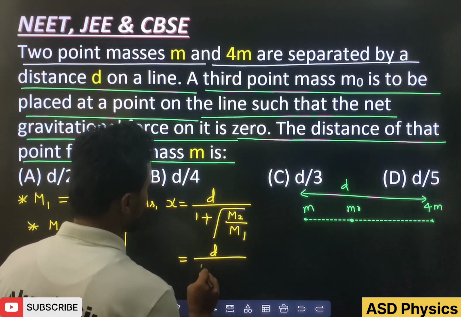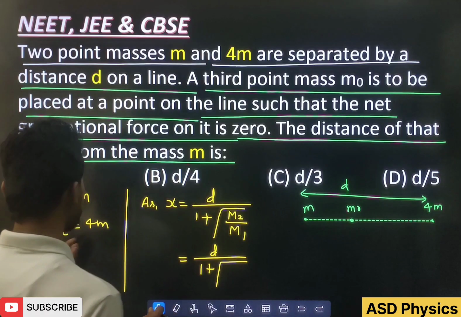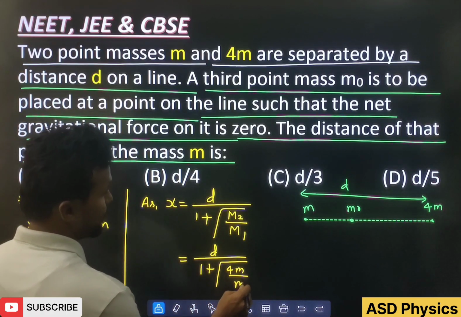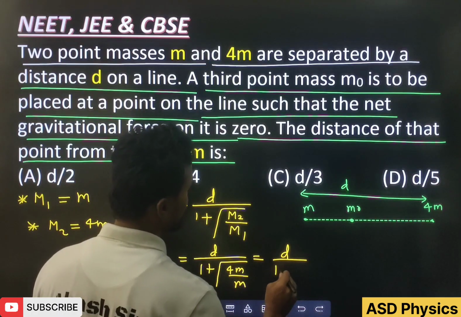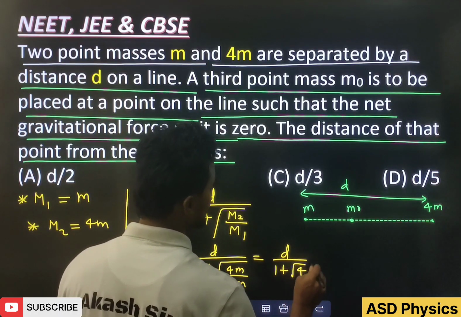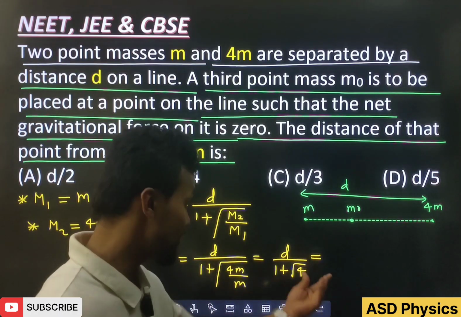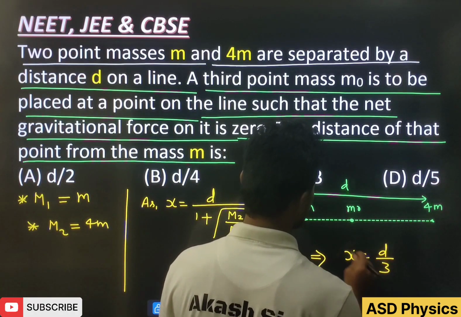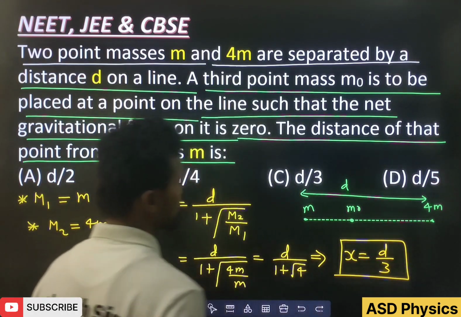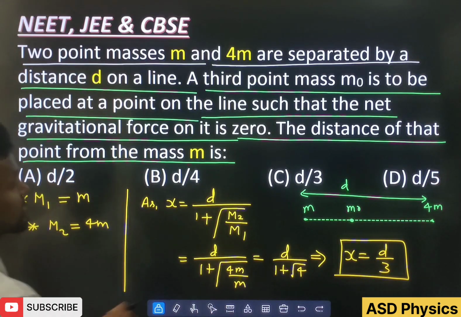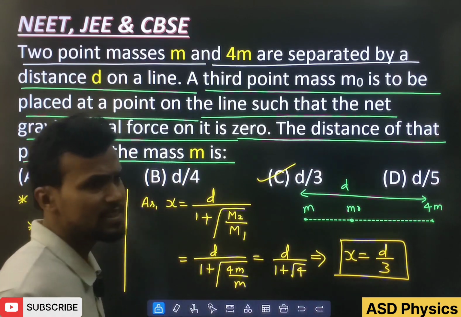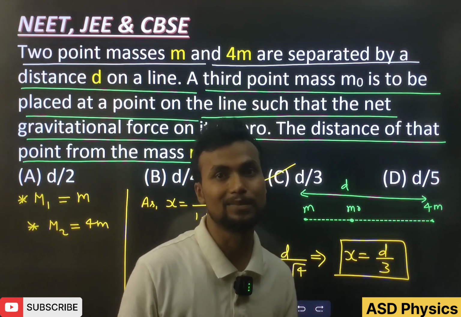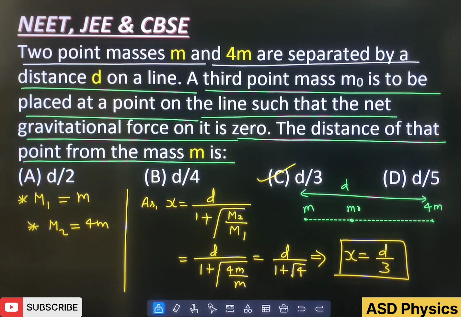This will become d by 1 plus root of 4m by m. Root 4 means 2, and 2 plus 1 is 3. So this x value will be d by 3. So the distance from the mass m will be d by 3. Correct answer, d by 3. If they ask the distance from 4m, just make d minus d by 3, it will become 2d by 3.